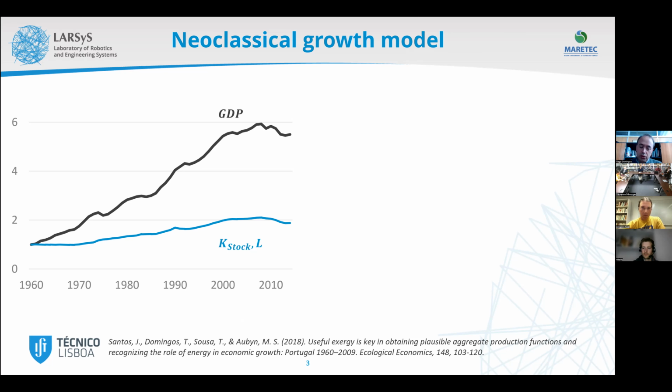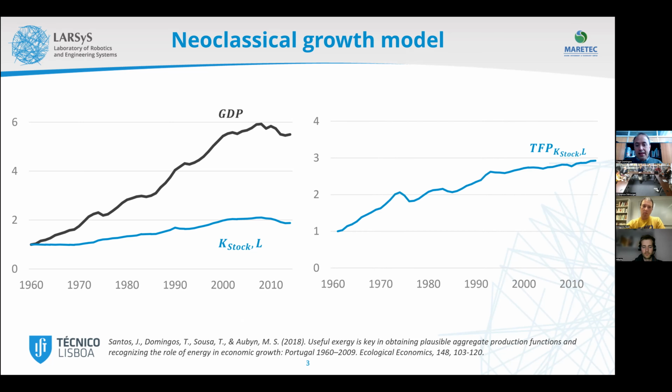And so, in fact, the 2 fundamental factors of production considered in mainstream economics are very, very far from explaining what's happening with GDP. And this gap, discovered by Robert Solow in the 50s, is called total factor productivity, which you see here on the right-hand side. Total factor productivity being the ratio between observed GDP and the evolution of this weighted average of capital stock and labor.